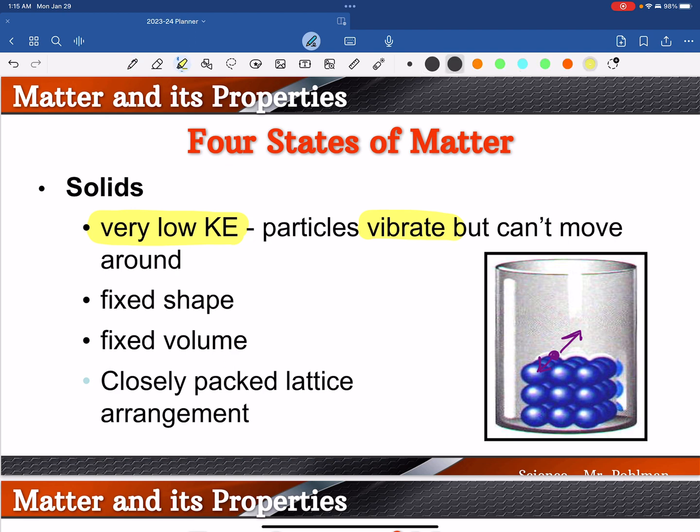Because they are only vibrating about a fixed position, we say that they have a fixed shape. If it has a fixed shape, then it only is occupying a certain amount of volume, a certain space. So you can kind of describe these particles as having a lattice or this perfect crystalline structure like this right here, okay?